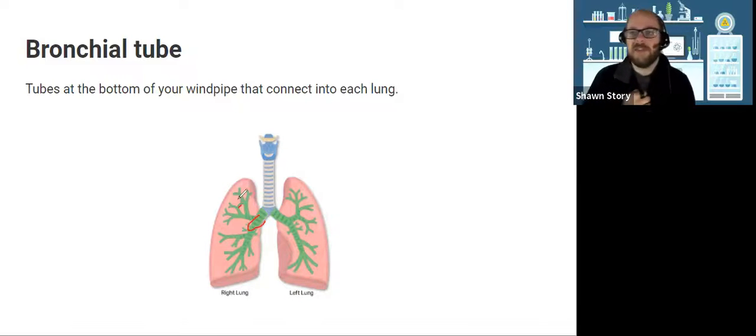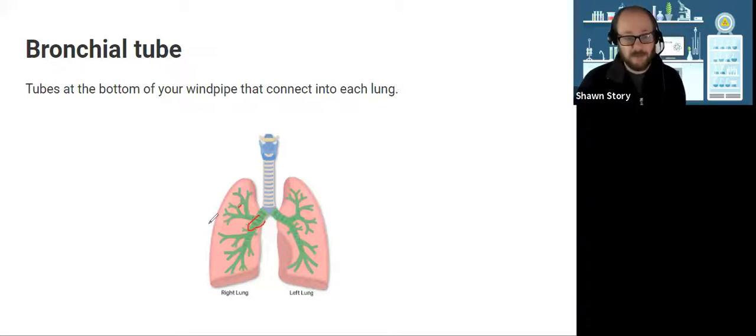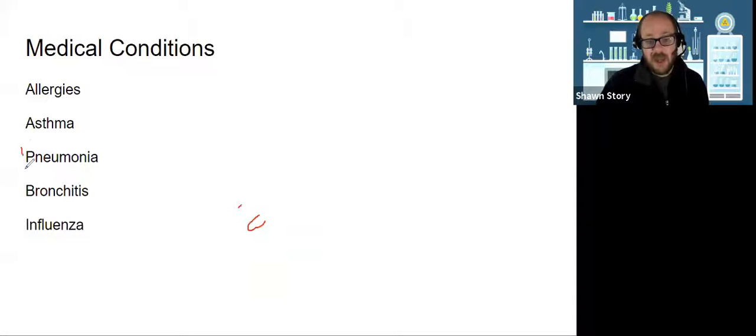I've heard people describe asthma as kind of like breathing through a straw. It takes so much more work to get air in and out that it's exhausting, because the tubes themselves have swollen and gotten thin. That's why they have to use an inhaler, which is a steroid that allows those muscles to expand and open up again. And so that's asthma. Pneumonia.